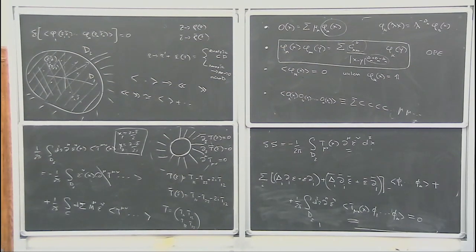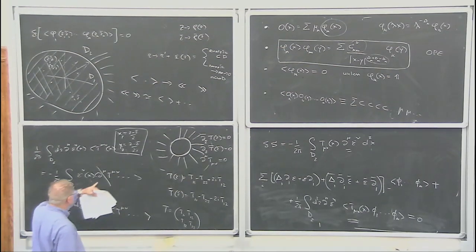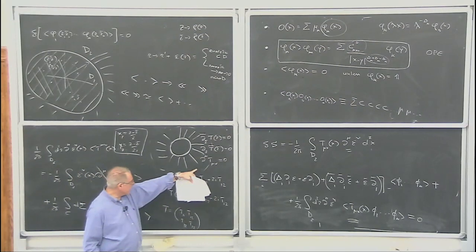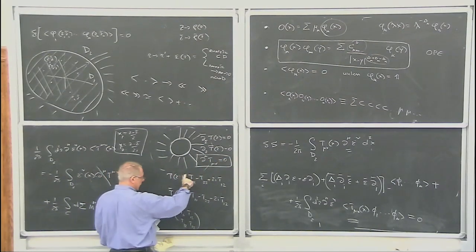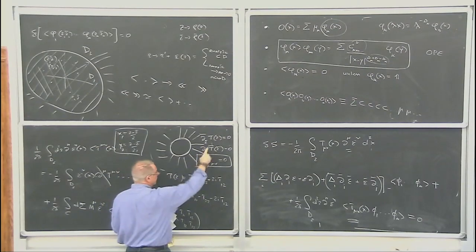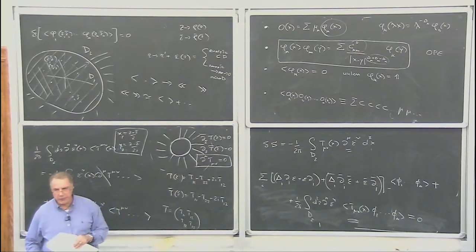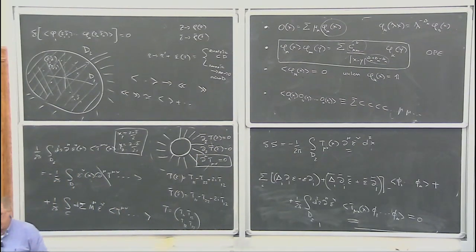If you make a change of variable and go to the z, z bar variables, you realize that this conservation law of the stress energy tensor, applied on this combination, is telling you that this field depends only on z, and the other one depends only on z bar. And there are only two independent components of the stress energy tensor.